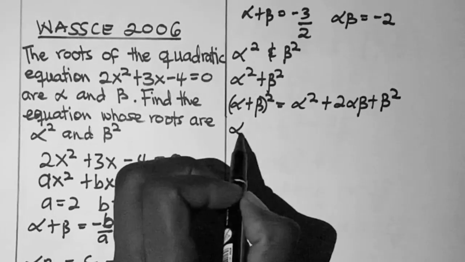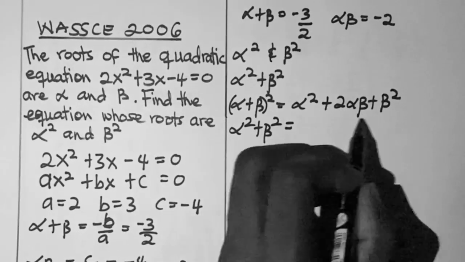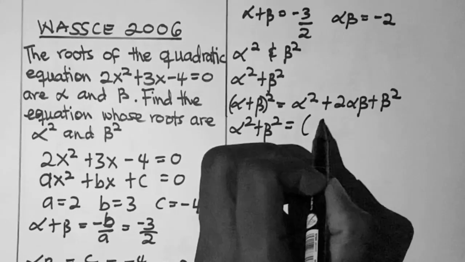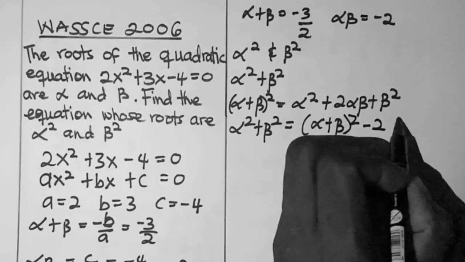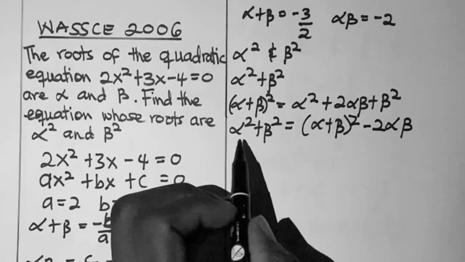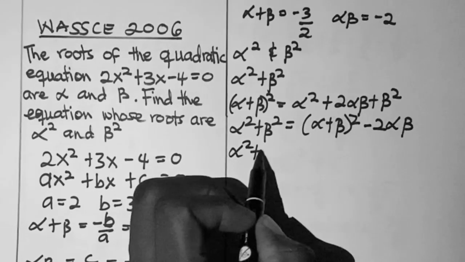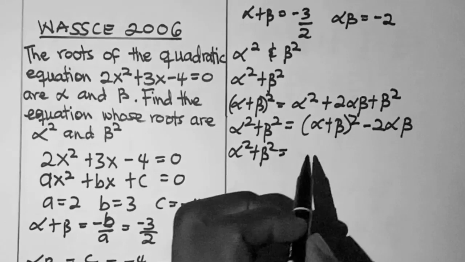If we make that the subject, that means we need to move the 2 alpha beta to the left hand side. So it becomes alpha plus beta all squared minus 2 alpha beta. So now this implies that alpha squared plus beta squared is equal to, now alpha plus beta is -3/2.